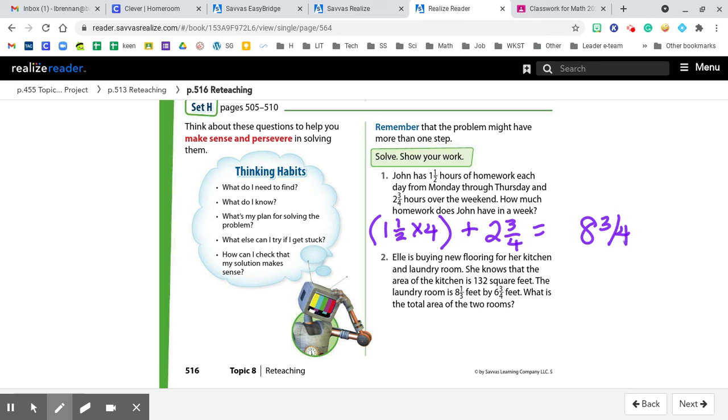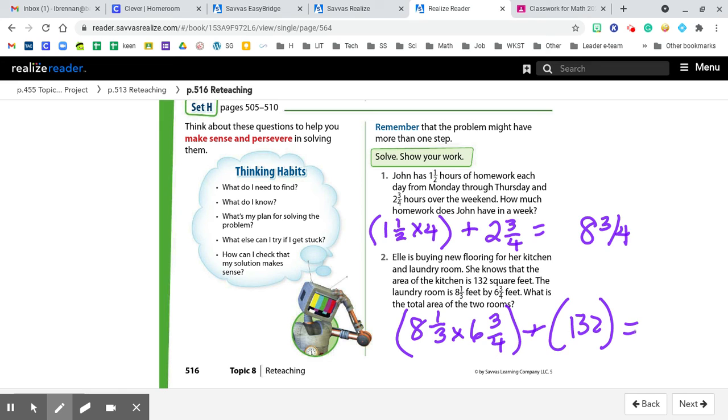And the last one, Elle is buying new flooring for her kitchen and laundry room. She knows that the area of the kitchen is 132 square feet. The laundry room is 18 1/3 feet by 6 3/4 feet. What is the total area of the two rooms? So she knows that the area of the kitchen is that, and the laundry room is that. So we need to find out the area of the laundry room and add it to the area of the kitchen to get our total.